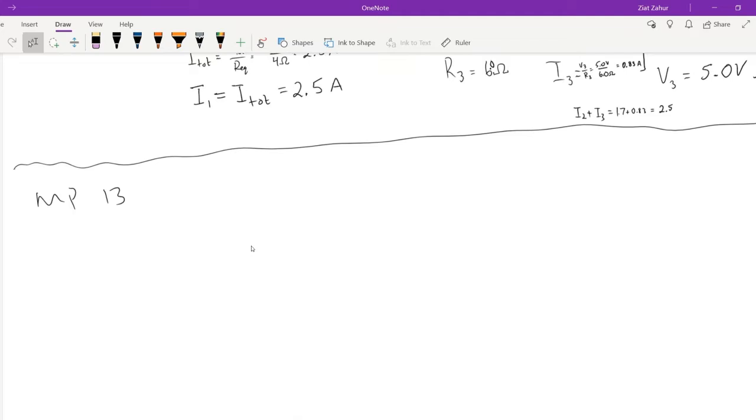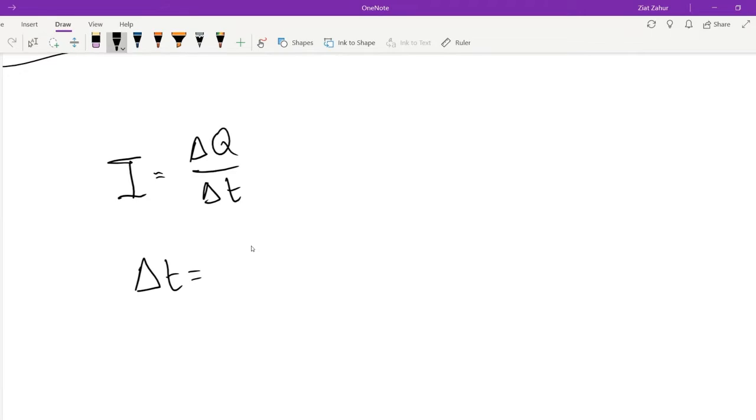Okay. So we can use the definition of current. Current, remember, is the amount of charge, delta Q, over the time, delta t. So if I want to know how much time, the time must be equal to, if I do the old swapperoonie, remember when you solve for variables, just put a 1 underneath the single variable and then cross multiply and solve. So always put a 1 underneath and then cross multiply.